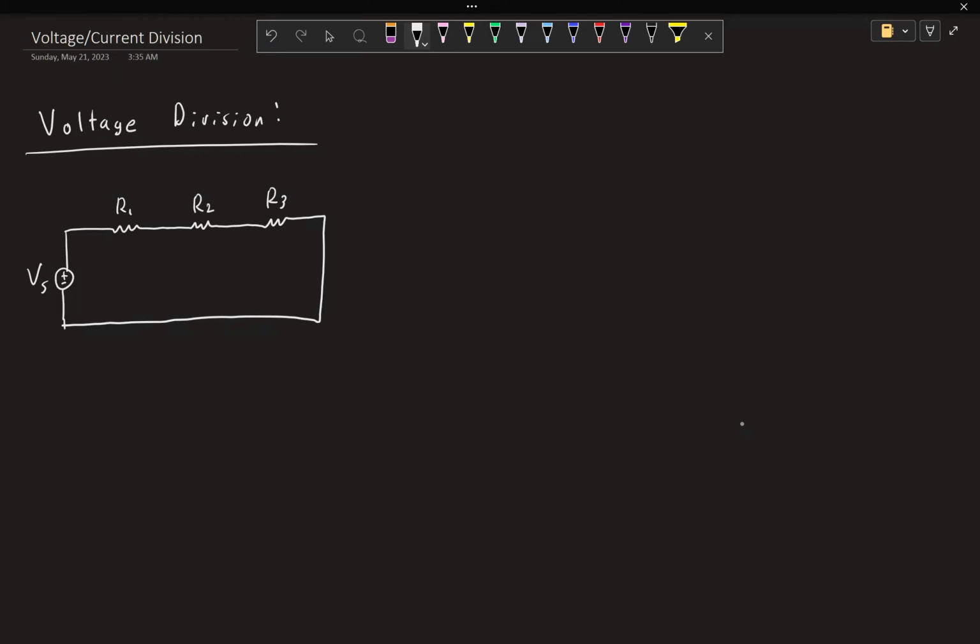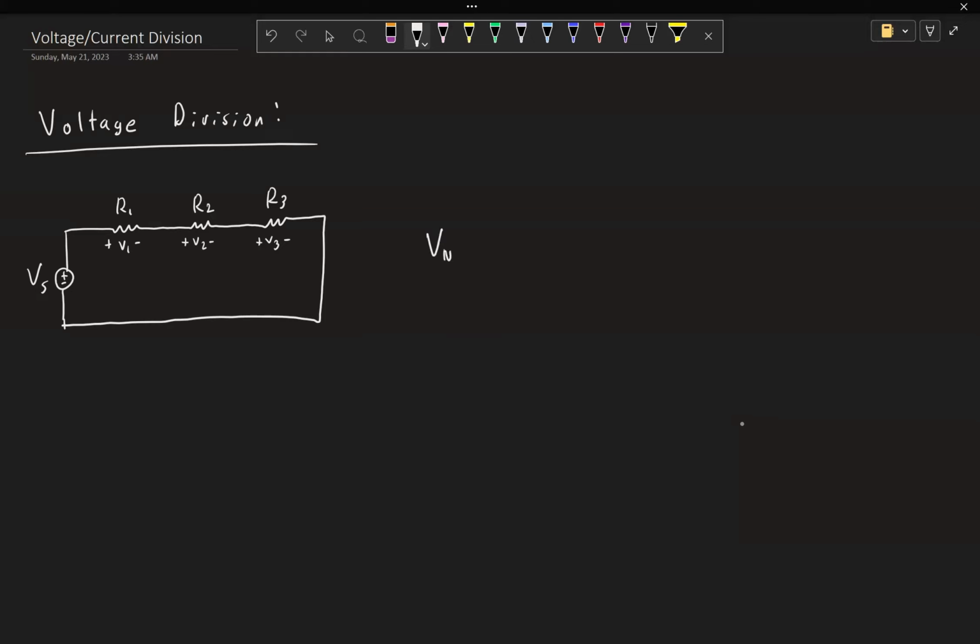What it's relevant for is finding the voltage across each resistor, like V1, V2, V3. If we wanted to find any of those, we could use voltage division. So the general formula looks like this.